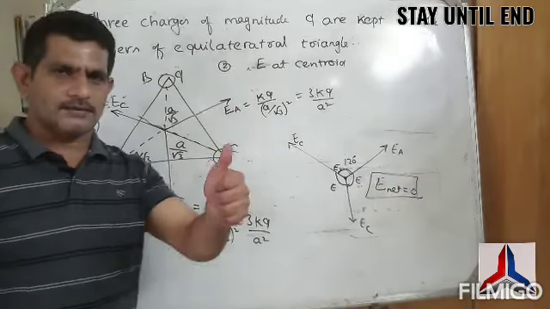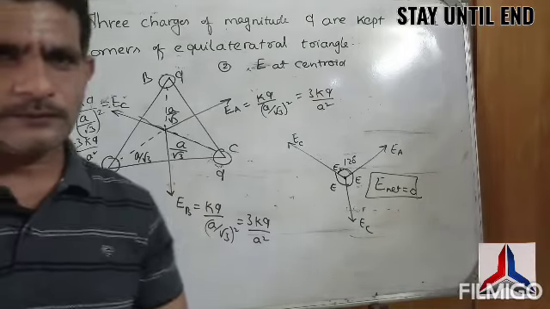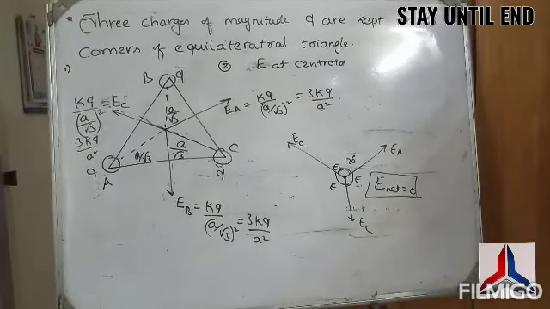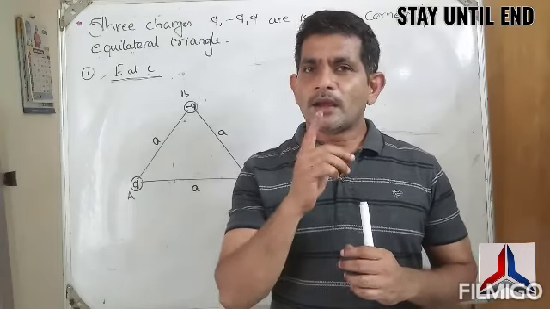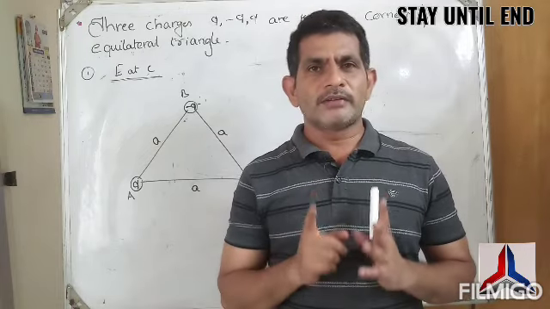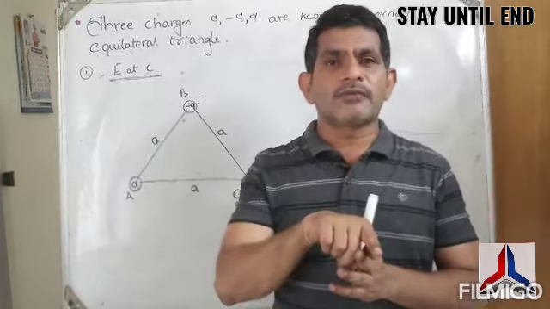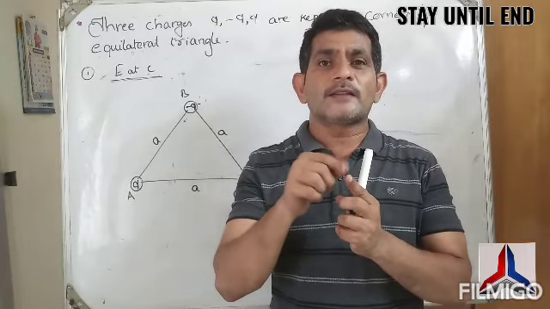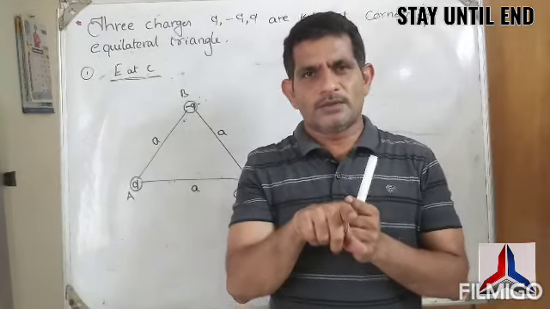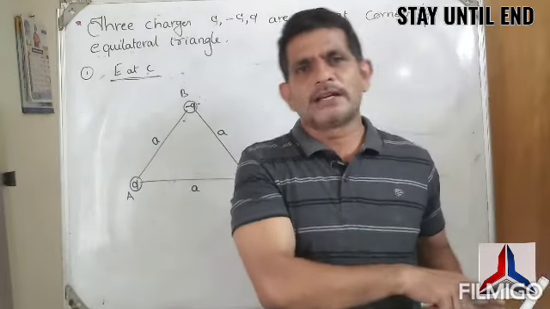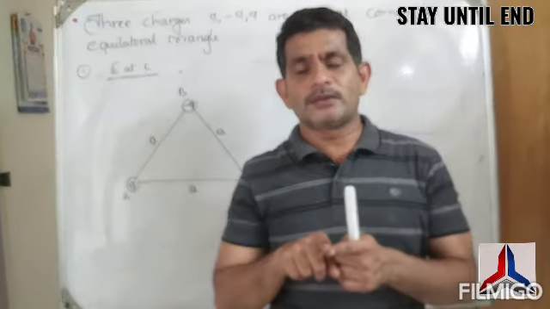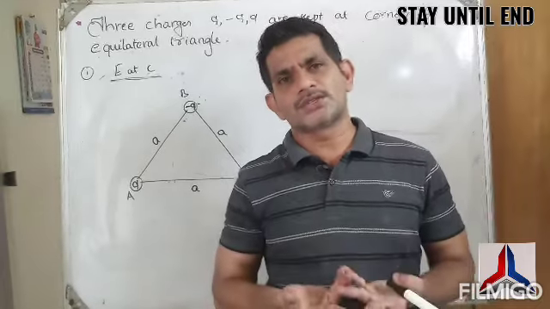I think you can understand, right? In the previous example, even though three equal charges Q, Q, Q are given, the resultant electric field intensity depends upon the point where you are finding it. Suppose the electric field intensity at the corner is different, and at the centroid it is different.